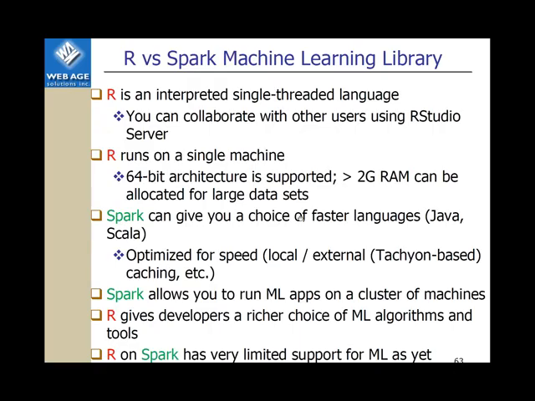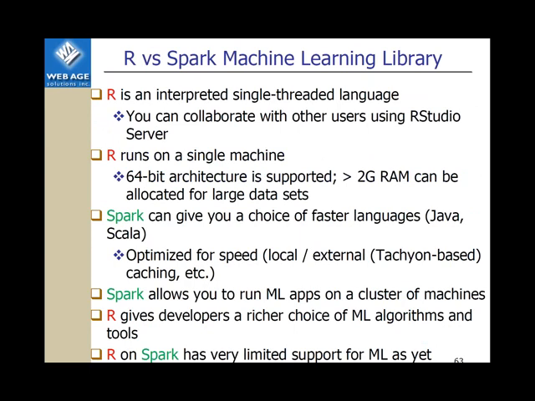Okay, so I guess this slide puts together some of the properties of a system that you would like to use when you're comparing two systems. It's two radical things, two sides of a spectrum: R and Spark. Let's just go bullet by bullet.